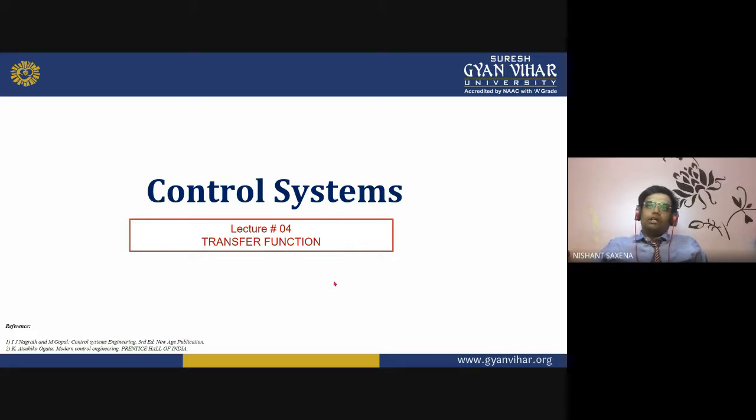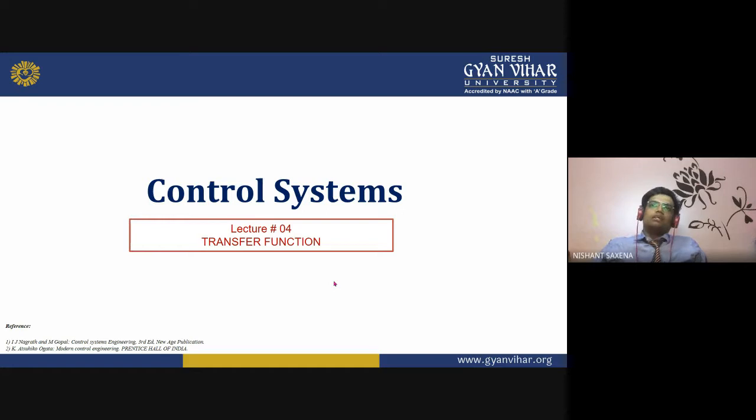Similarly, in today's lecture, we will be discussing the signal flow graph and also one or two examples over the signal flow graph. What are signal flow graphs? What are the different elements of the signal flow graph?